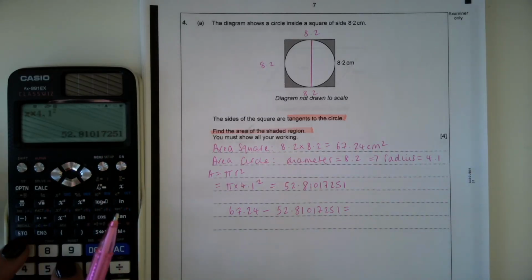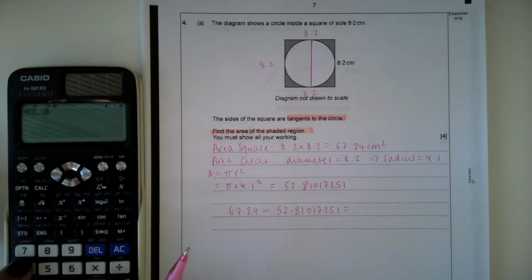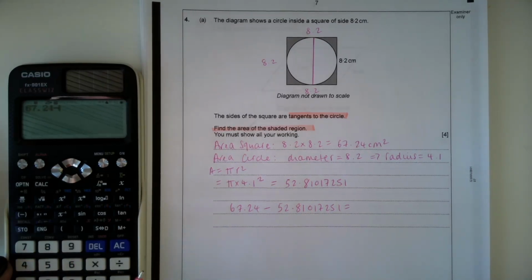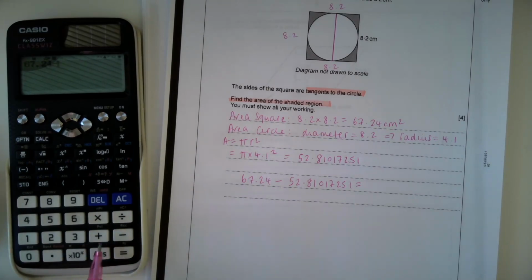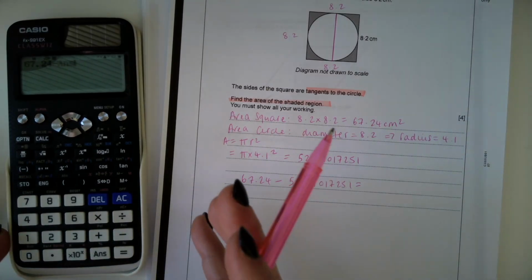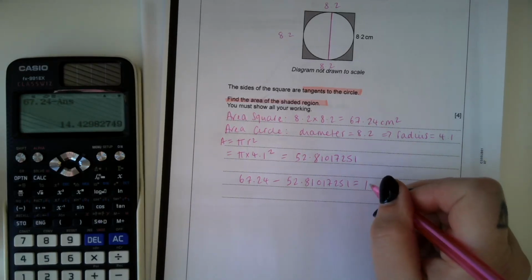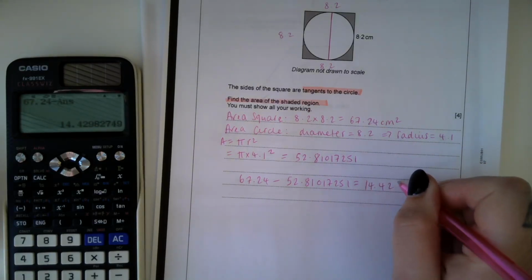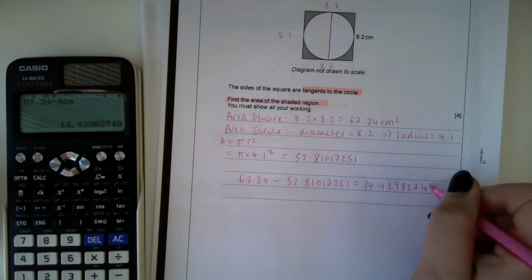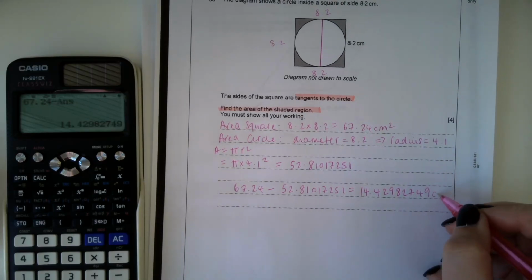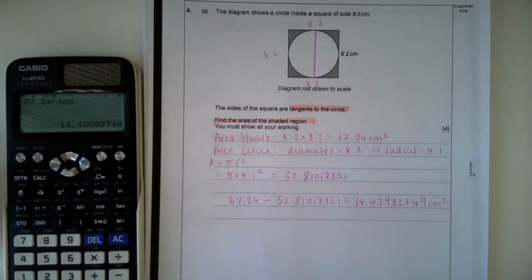So I'm just going to start by typing in 67.24, subtract, and then I'm going to press the answer button here. So that'll put my previous answer in, so I don't have to put all those decimals in. So that's 14.42982749. Okay, and that's centimetres squared because we're working with area.